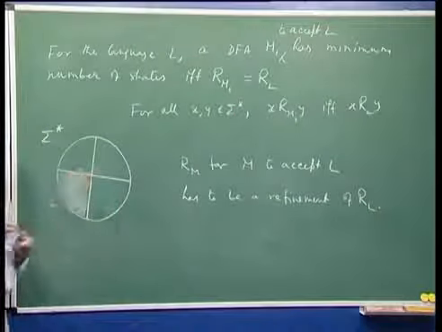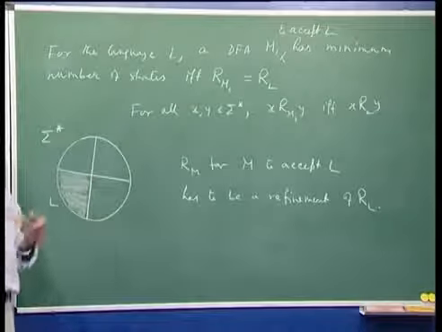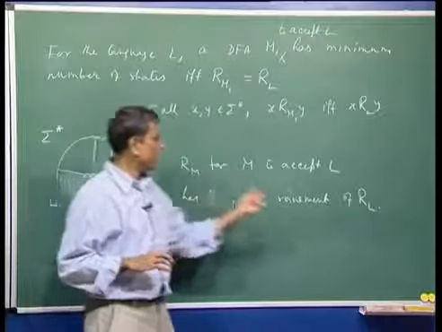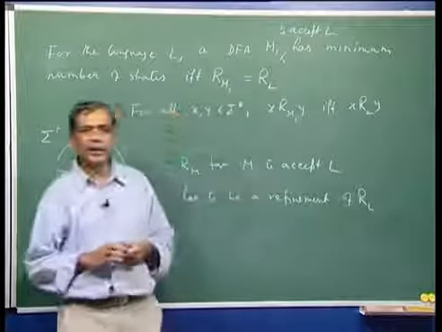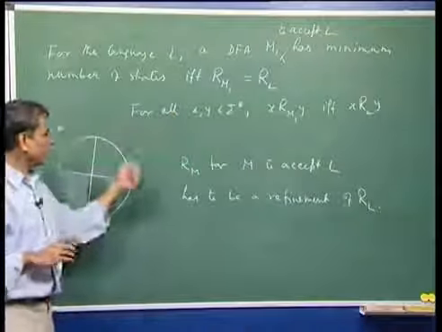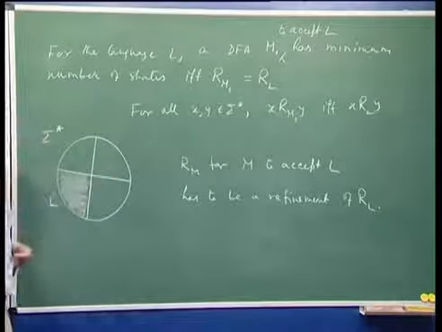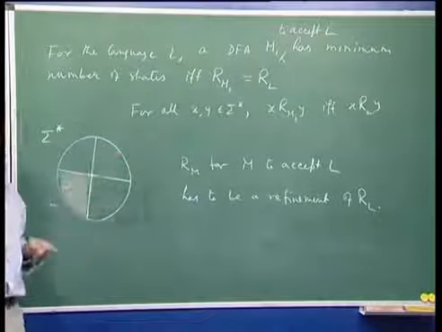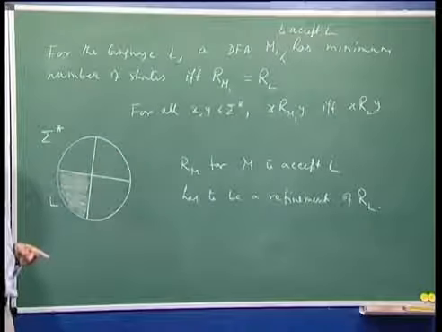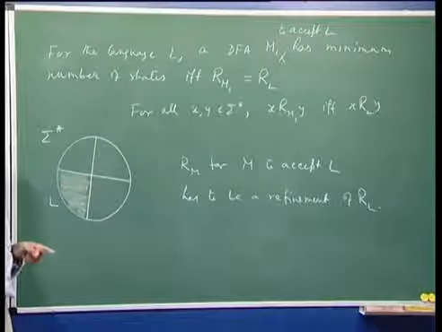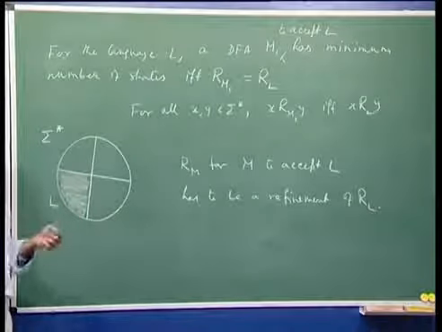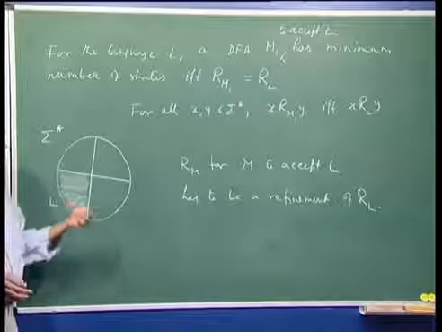If you go back to the definition of the refinement of two equivalence relations, Rm is an equivalence relation, RL is another equivalence relation, and we said that Rm is a refinement of RL if its equivalence classes are obtained by breaking up zero or more equivalence classes of RL.